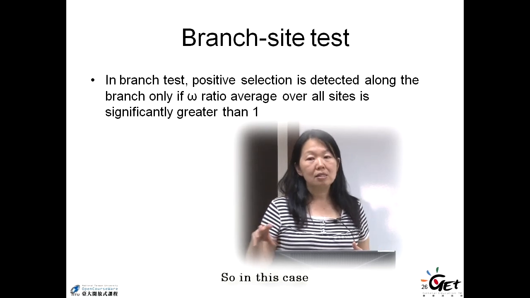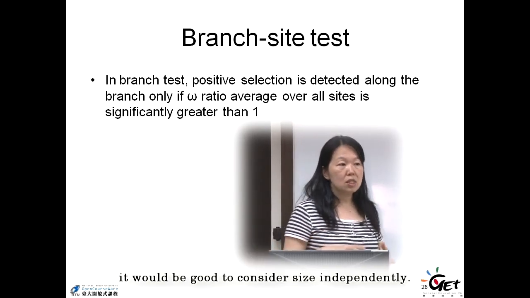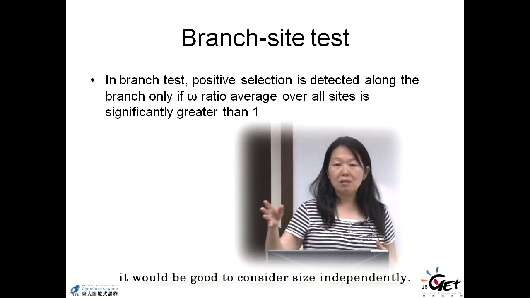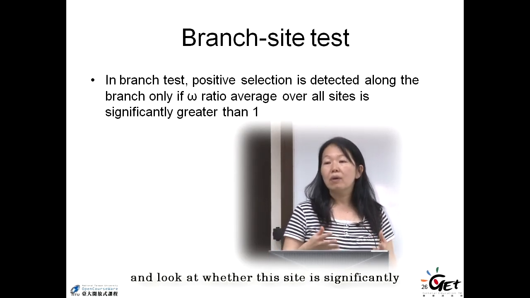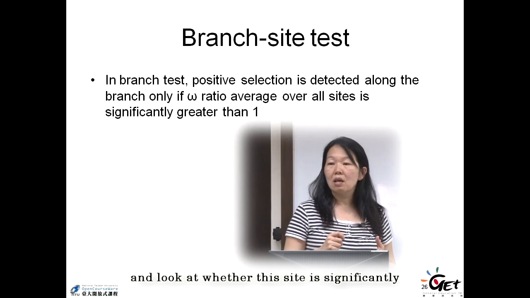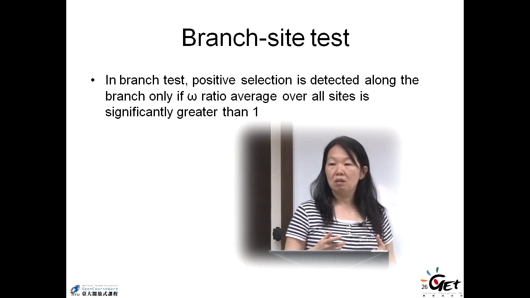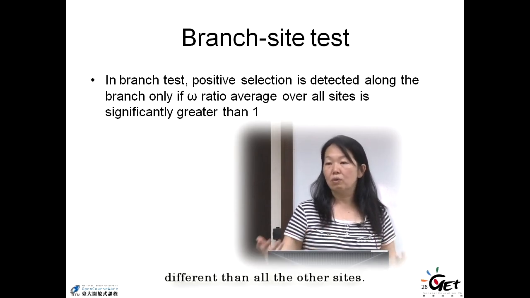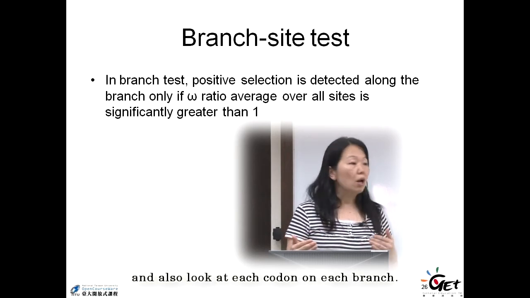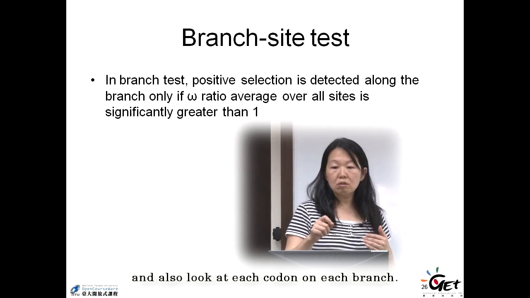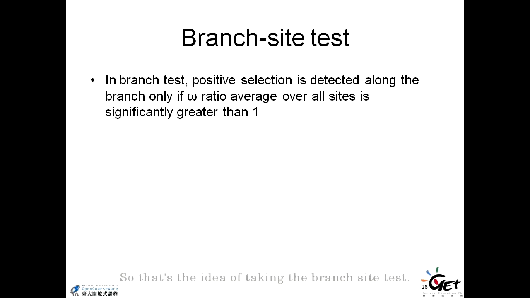So in this case, it will be good to consider sites independently. So for each codon we can look at whether this site is significantly different from all the other sites. So we separate the branches and also look at each codon on each branch. So that's the idea of the branch site test.